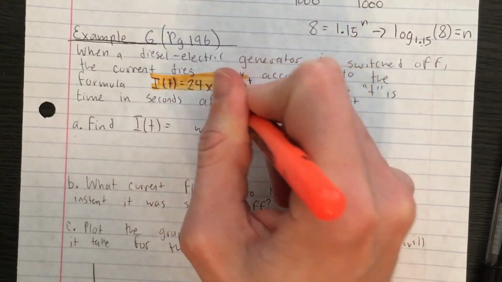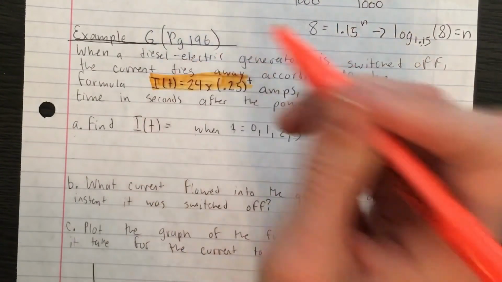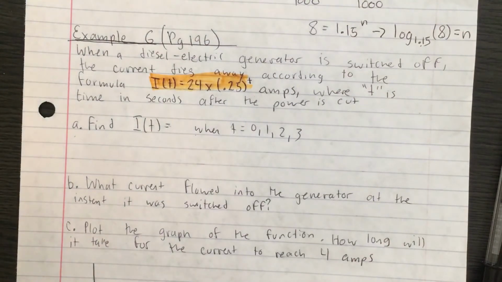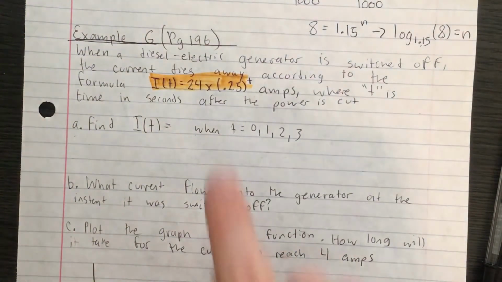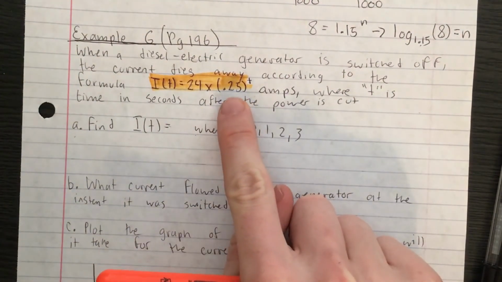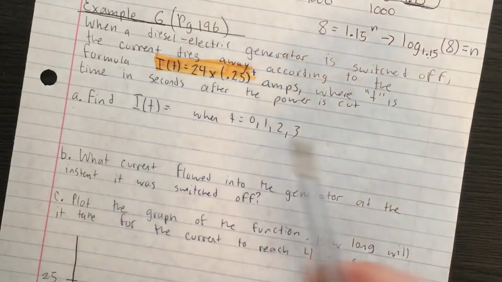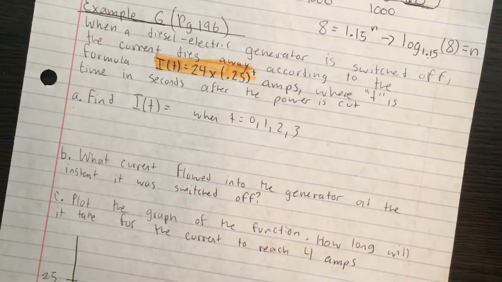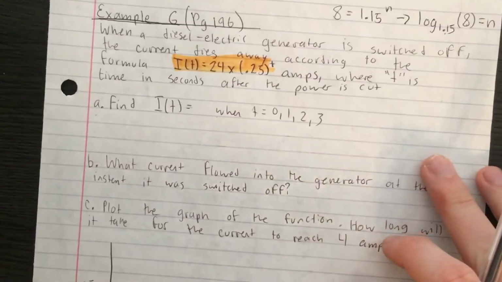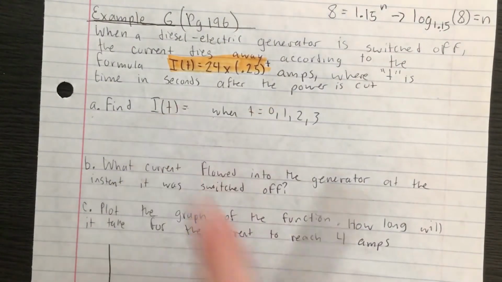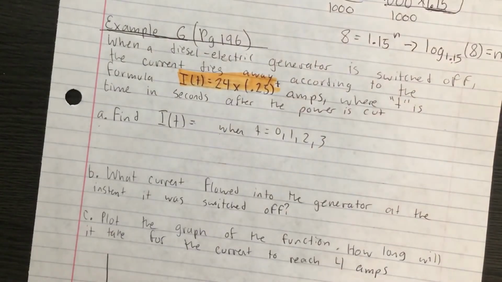What we're multiplying by is 0.25, so if 25% of its value is remaining, it's decreasing by about 75% each time. T is the time in seconds after the power's cut, and I is the amps here. And so we want to find I of T when T is 0, when it's 1, when it's 2.